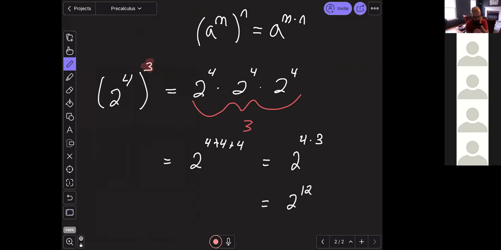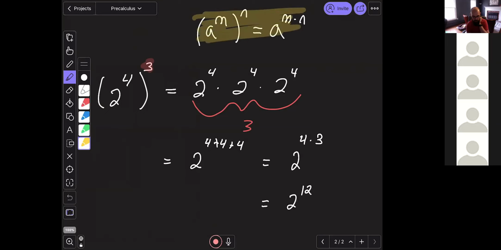Okay, so when we think about this, what we don't have to do is go through all of that. We can use these rules. The rule that we're showcasing up here is this one, so I'll go ahead and highlight this in yellow. This is the rule that we're highlighting.